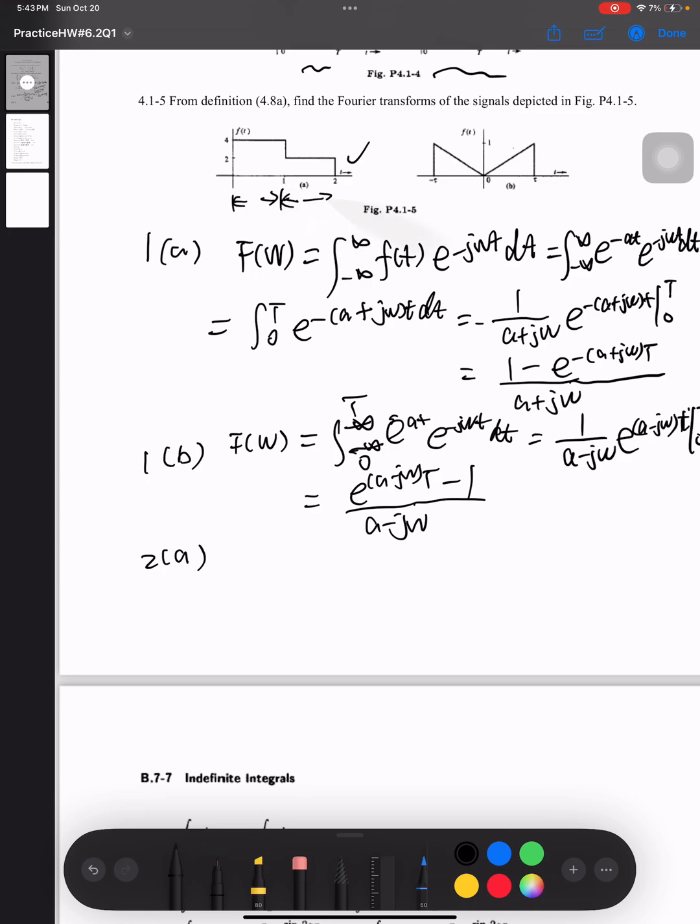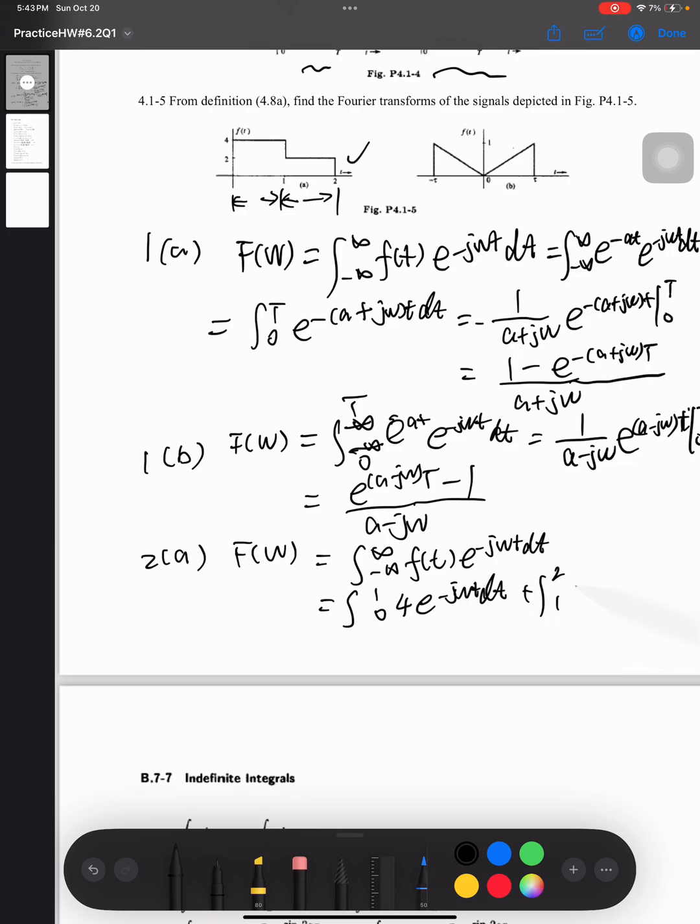So we basically do the same, except from minus 2 to 2 of f(t) e^(-j omega t) dt, and this has two parts: 0 to 1, and plus 1 to 2, of e^(-j omega t) dt.